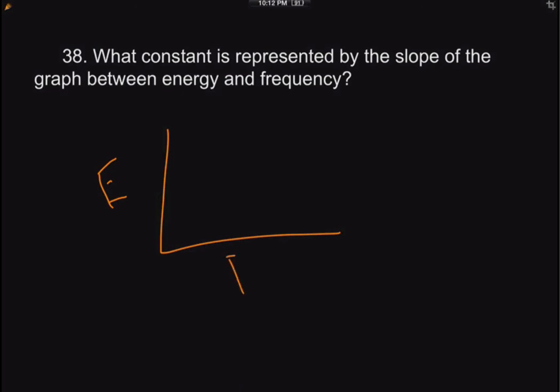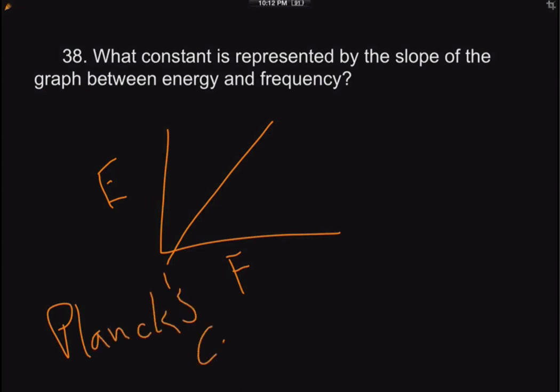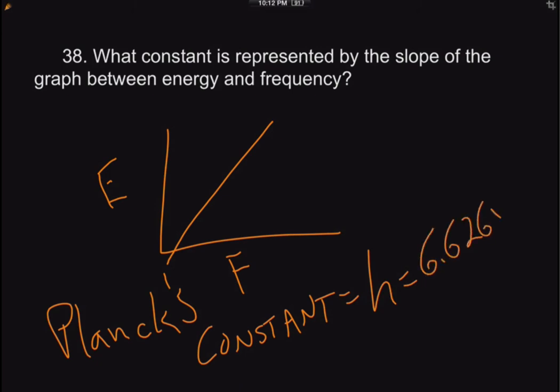Well, the slope is Planck's constant. That's the number we use to find the energy if we have the frequency. Planck's constant, which is represented by the letter h, and the number 6.626 times 10 to the negative 34th.